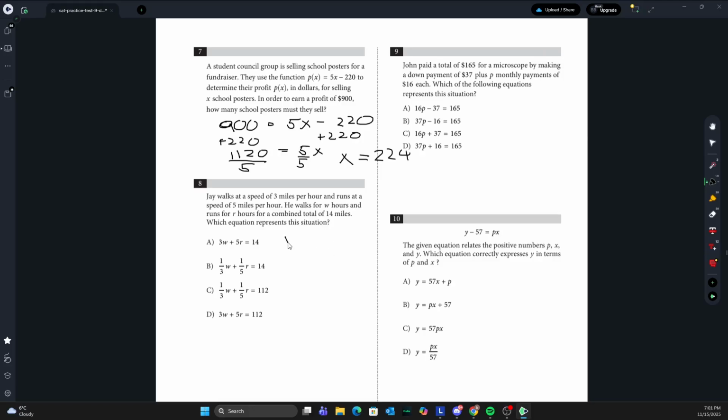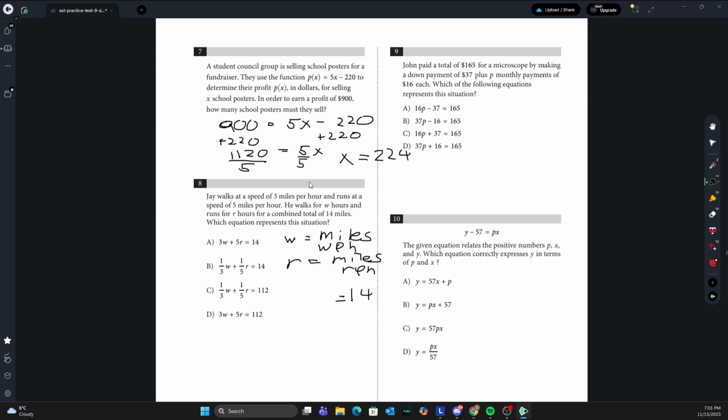So we can write down W as miles walked per hour, and R as miles ran per hour. If we know that he goes a combined total of 14 miles, this equation is going to be equal to 14.